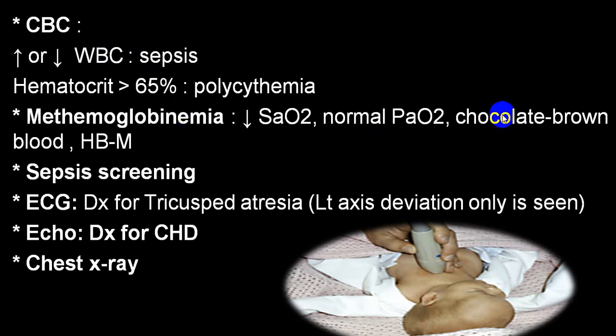Methemoglobinemia will be chocolate brown color, while in sulfhemoglobinemia it will be green color, and carboxyhemoglobin will be cherry red color. ECG, echo, chest X-ray, angiography, Doppler, all those will be useful for cardiovascular conditions, which you should go for. Pulmonary function test will be useful to identify restrictive or obstructive lung disease, and you can go for a further detailed pulmonary function test.